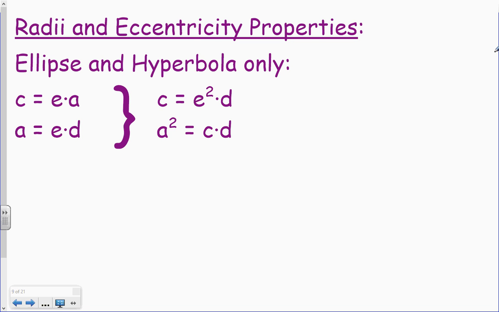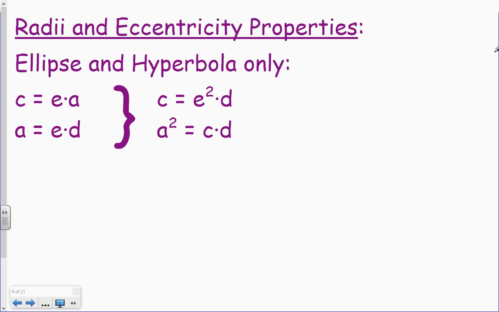All right, your radii and eccentricity properties. This is for an ellipse and hyperbola only again. The two properties they give you in the book are the two that you see on the left. C is equal to E times A: your focal radius is equal to your eccentricity times your major radius or your transverse radius, depending on whether we're talking about an ellipse or hyperbola.